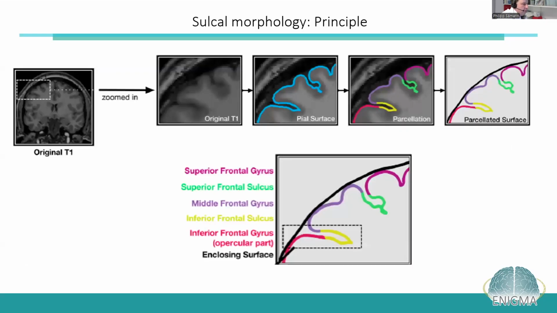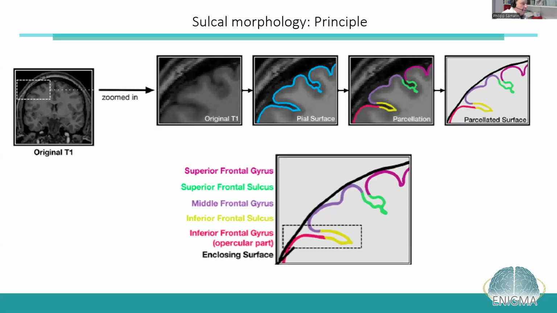So what you need to make quantitative statements on sulcal measures is the before mentioned parcellation of the brain. So you have to assign your sulci and your gyri.